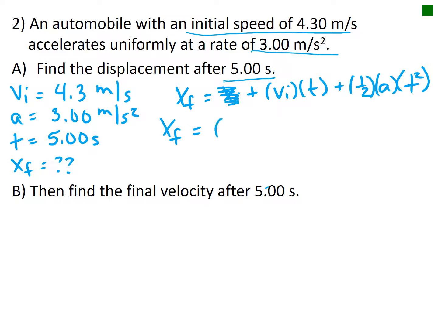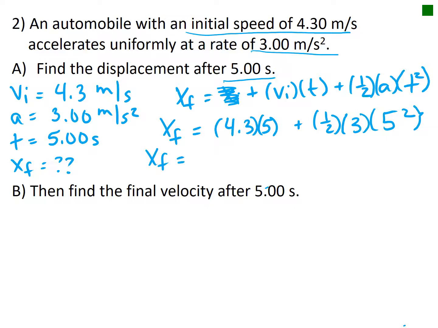So XF equals 4.3 times 5 plus 1/2 times 3 times 5 squared. 4.3 times 5 is 21.5, plus 5 squared is 25 times 3 divided by 2, 37.5. So that's going to equal 59 meters.